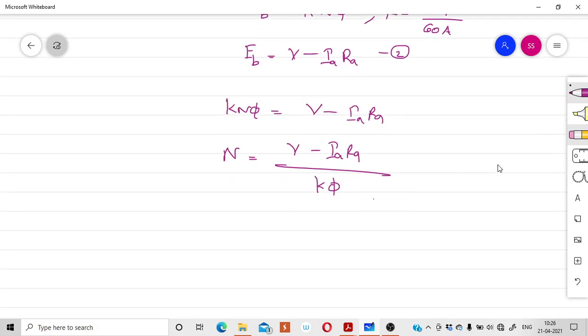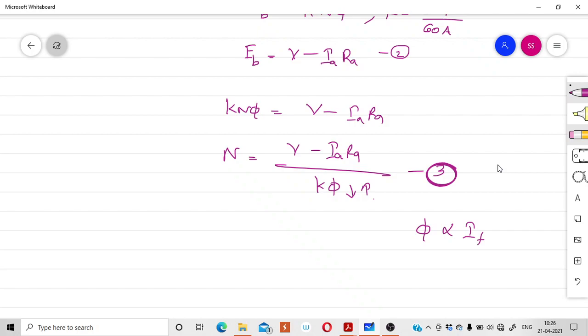So from equation number 3, or from this model, we have two ways of controlling this speed N. The first way is you decrease or increase phi. Phi is the flux per pole, which is proportional to the field current IF, so that you will get the speed above the rated speed and also below the rated speed.